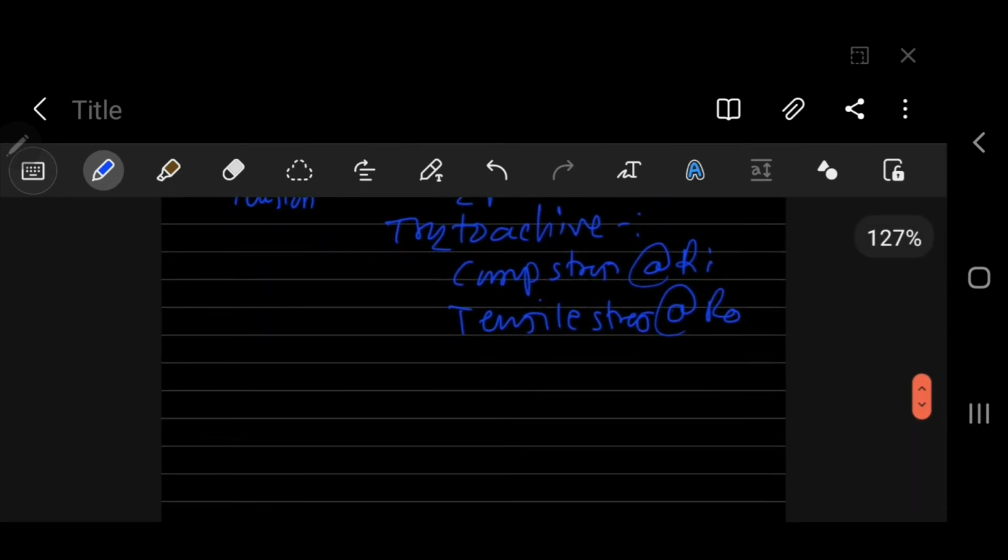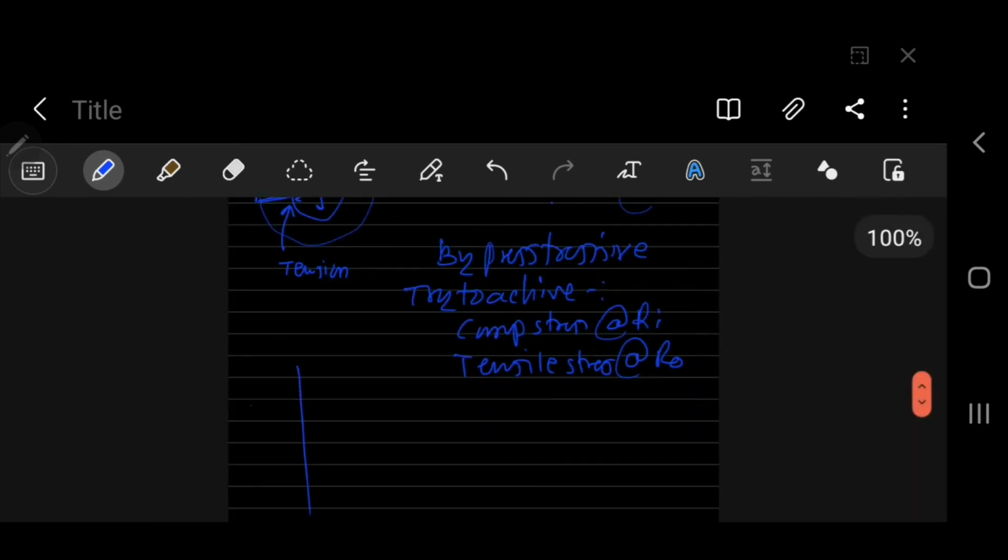So how can we achieve this, or how to pre-stress a cylinder to achieve these results? There are mainly three methods to pre-stress any component or any cylinder.